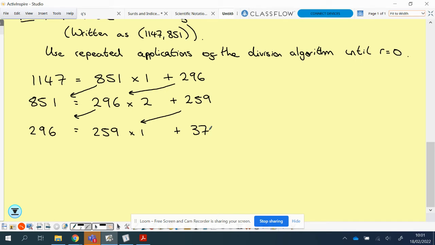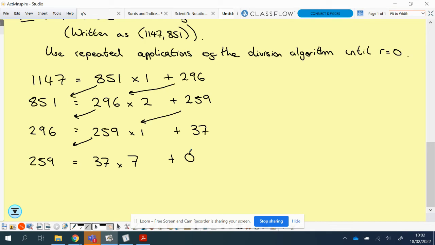Continue the process, so 259 moves over here, and 37. I need to work out how many times 37 can fit into 259. Well, 37 can fit in 7 times, and there's actually no remainders at that point. Okay, it can fit in 7 times and it completes 259.